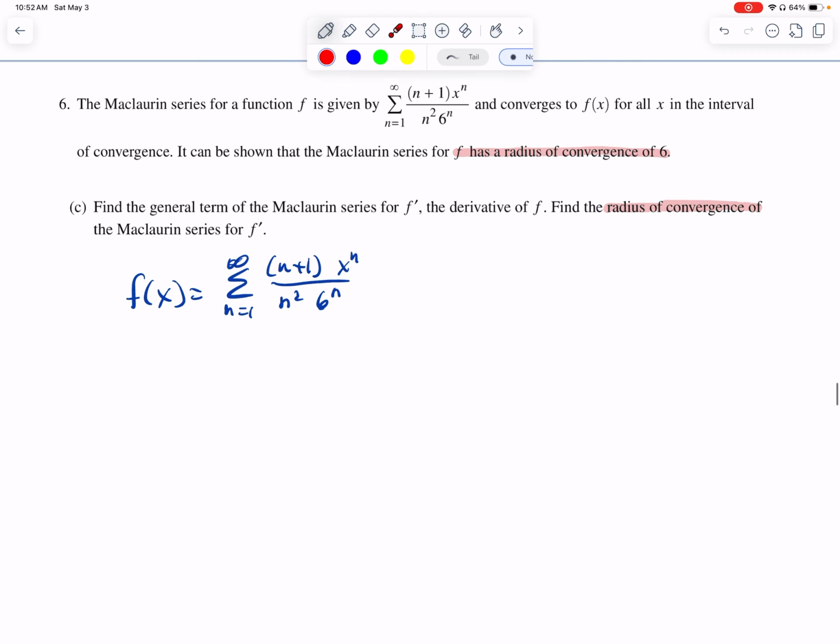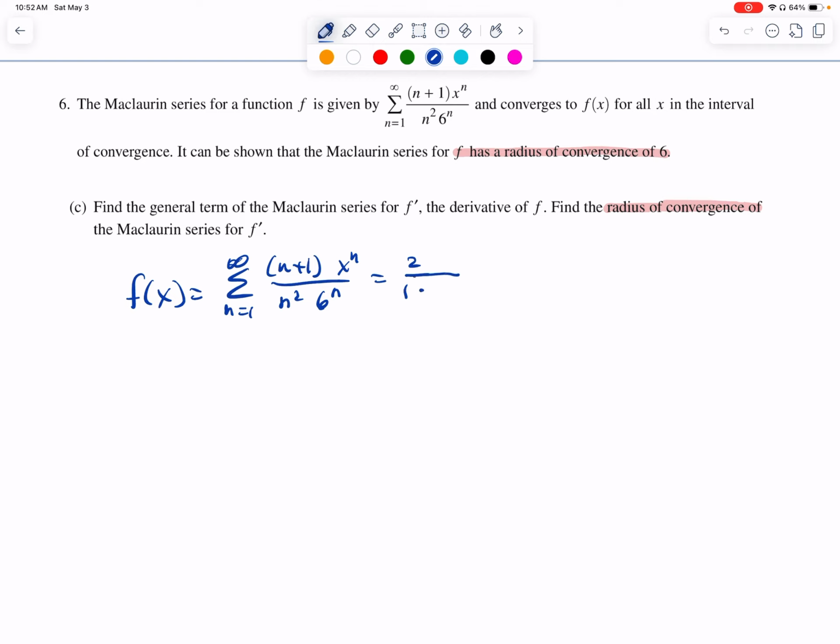Now, one of the things that usually happens, though, is that you lose the first term. Let's see if that's going to happen here when we take its derivative. So I'm just going to quickly plug in 1 and see what happens. If I stick in a 1 here, that makes this 1 plus 1, which gives me a 2 over, and here this would be a 1 squared, so that's just a 1, big deal.